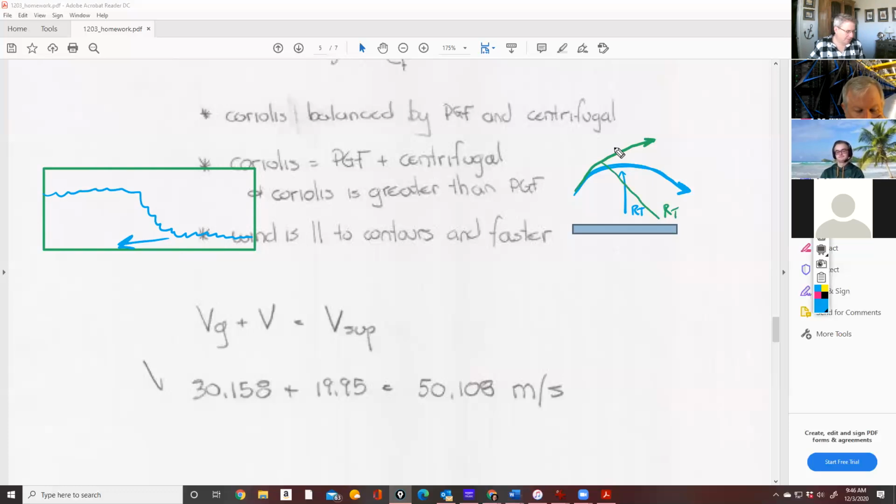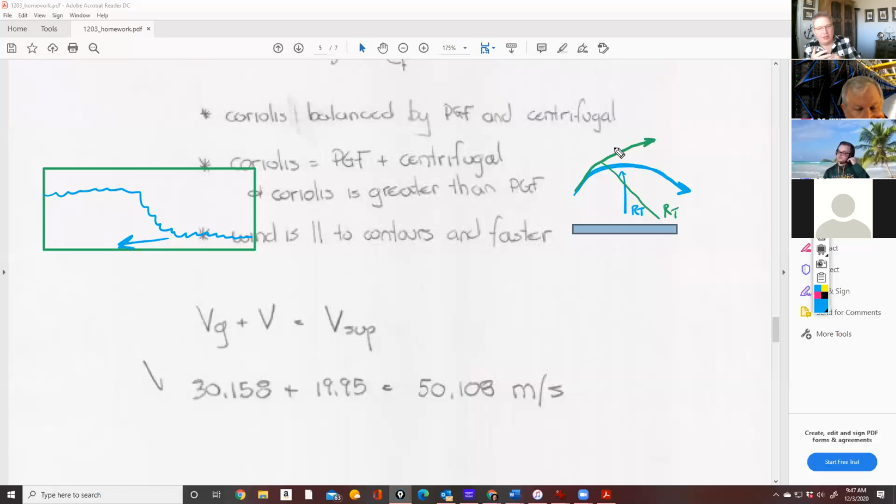Yep. So if I get it, it's sort of like how if you can't solve it for a certain equation, it's just saying that that's not actually where the pressure gradient force is going. Yes, right. So I gave you a scenario that has this pressure gradient, this radius of trajectory at some latitude.